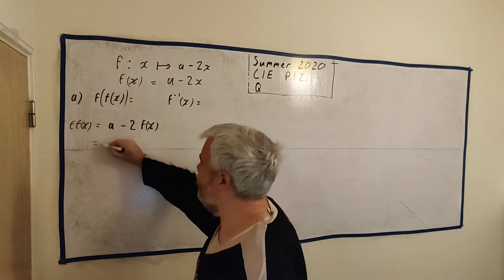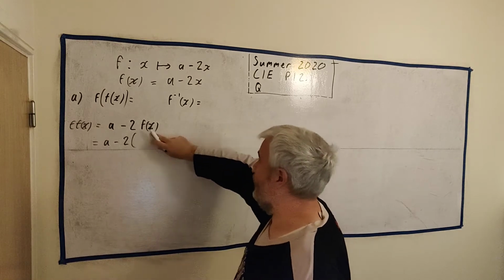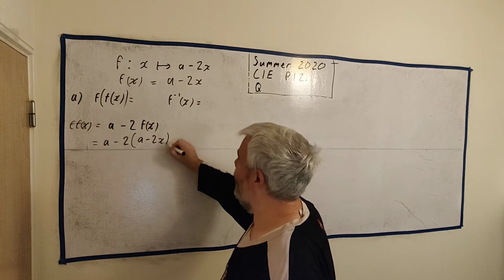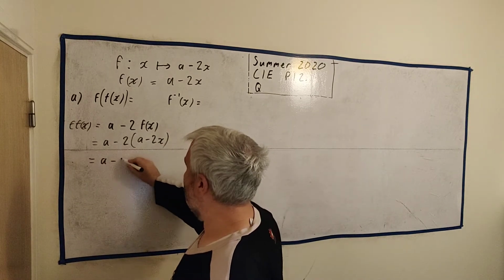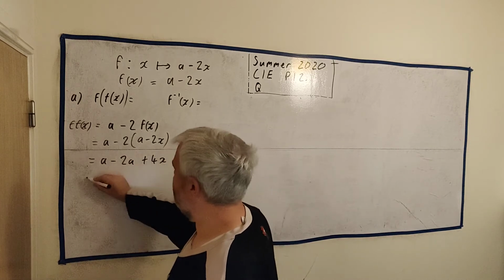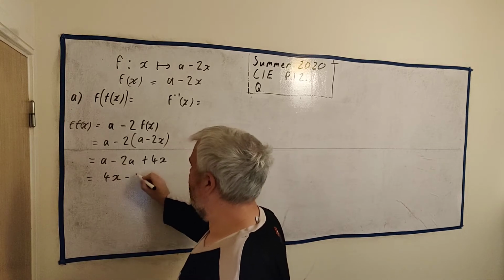So this is still equal to a minus 2x. If we clean that up, we get a minus 2a plus 4x. So we get 4x minus a.